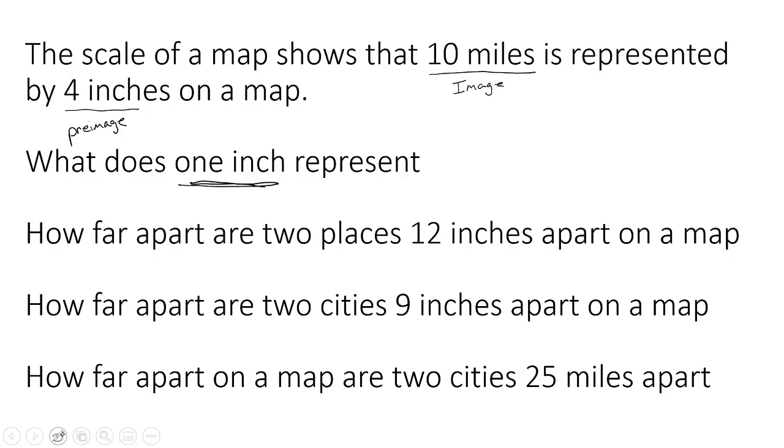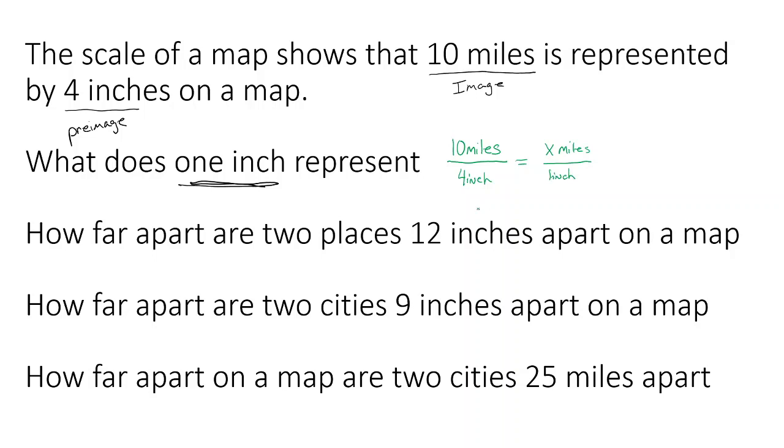Well, we can use proportions. So if we say it's proportional, the image of 10 miles to 4 inches is similar to x miles for every 1 inch. All right?